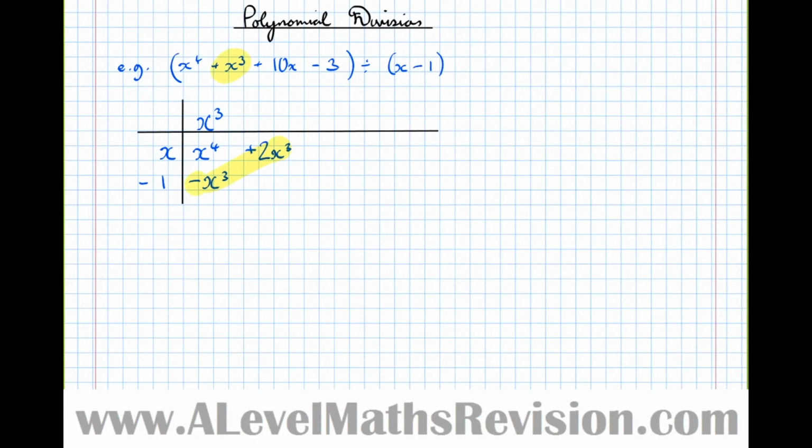But now that we'll put 2x cubed there, we can say what goes here to make 2x cubed. So 2x squared goes there. X times 2x squared gives 2x cubed. But again, we can fill in the rest of the grid now, because that makes a minus 2x squared when we do 2x squared times minus 1.